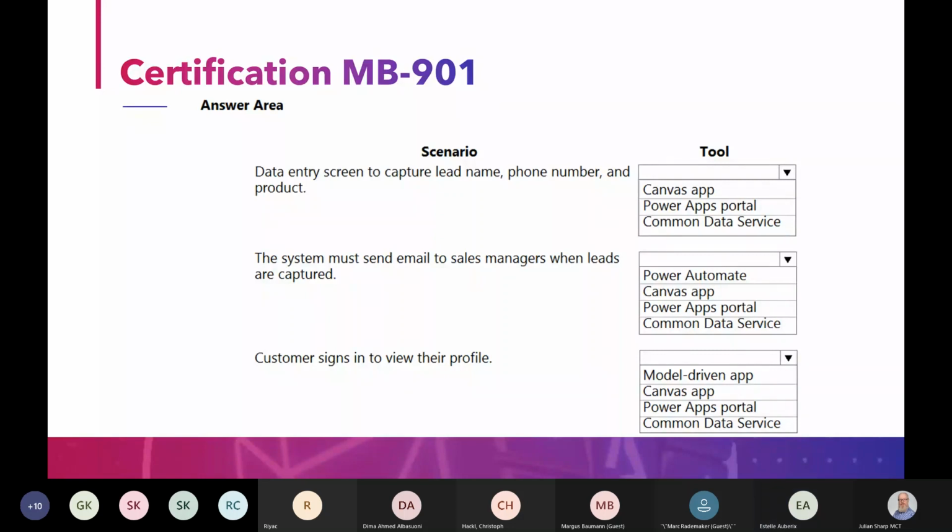So when you have this kind of question, some people used to say, okay, if I answered, for example, Canvas app in the first scenario, I won't have to give this answer in the following scenario. No, sometimes you can have the same answer. It depends on the case.